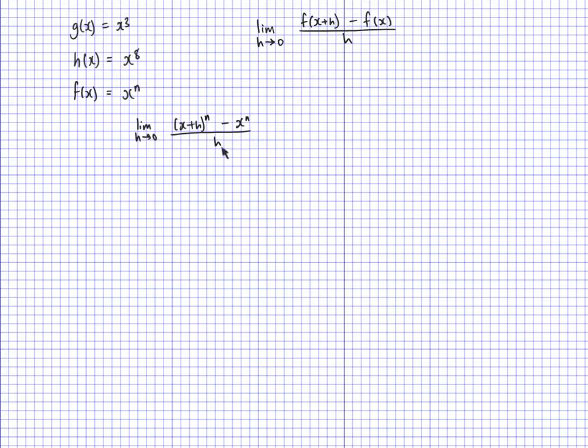Now, if you remember the binomial theorem, this can be expanded using the binomial theorem, and that's what I'm going to try to do, and then we'll see if we can find any sort of pattern.